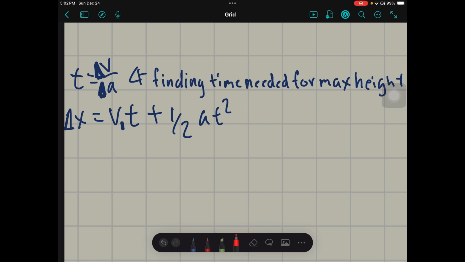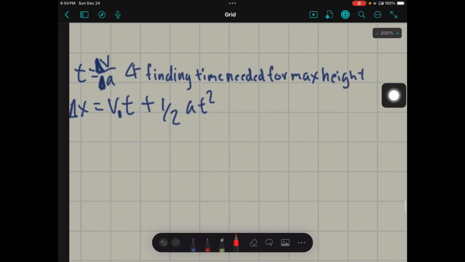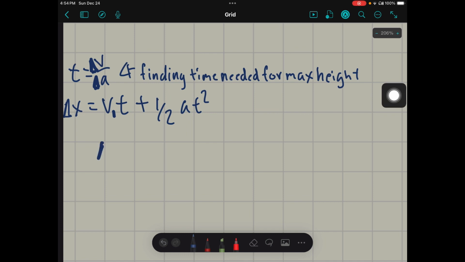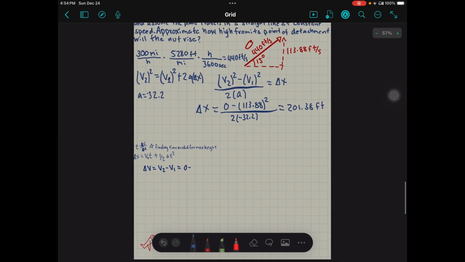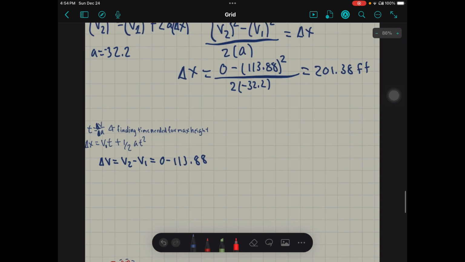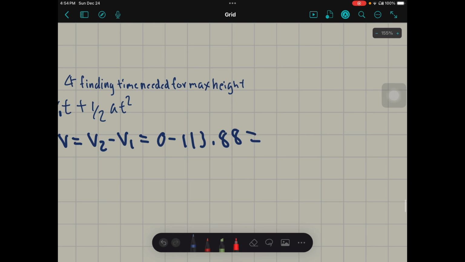Okay. So the change in velocity equals v2 minus v1. And that equals 0, since our final velocity at the top is not moving, minus 113.88. So we're just going to get negative 113.88 feet per second.